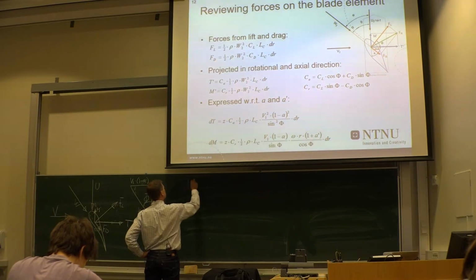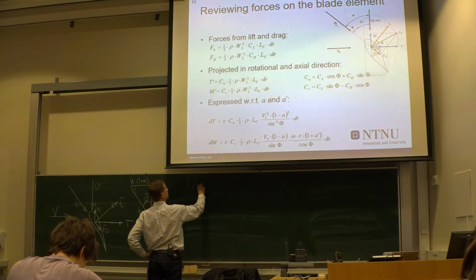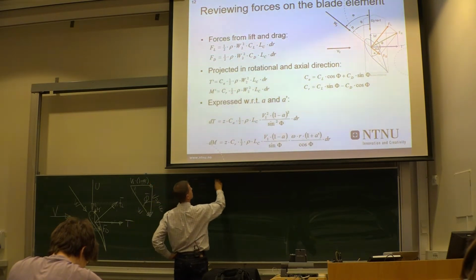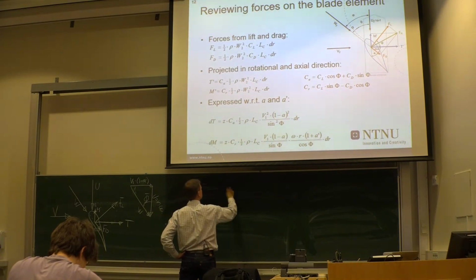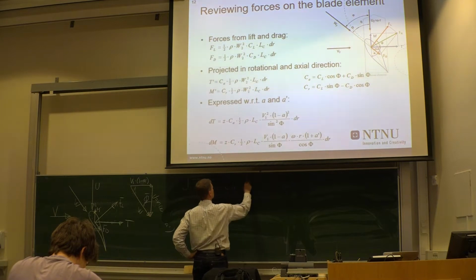So the force for one element in the thrust direction is Z times CA times one half times density times the chord length times the velocity squared.